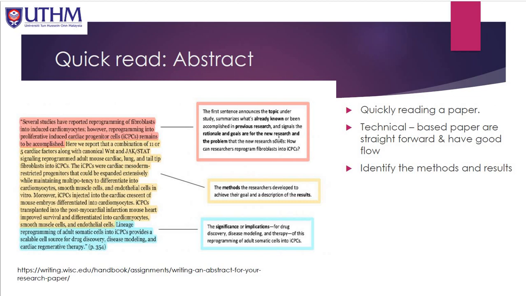After that, you have the method, the way you propose to solve the problem, and then what is the result, and then what is the importance of this research. So in the abstract you have a few things, and I believe that in the assignment you already did it, highlighting these kinds of things.